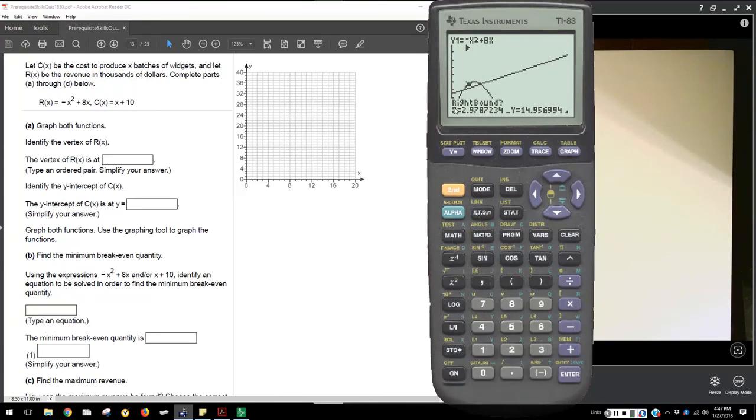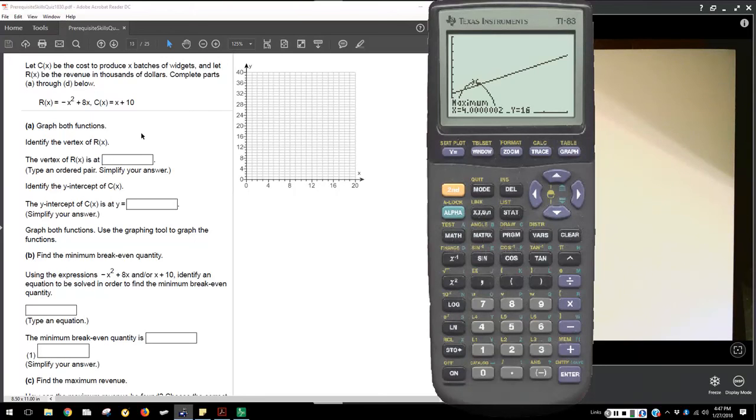Then we trace to the right side of that maximum value. It looks like we're close to it there. We'll keep going a little further, and we're now past that value. So it's going to look between whatever this x value was and whatever this x value was. We're going to let it guess because it guesses a lot better than we do. And it says the maximum value is at 4, 16. So the vertex of r of x is at the point (4, 16).